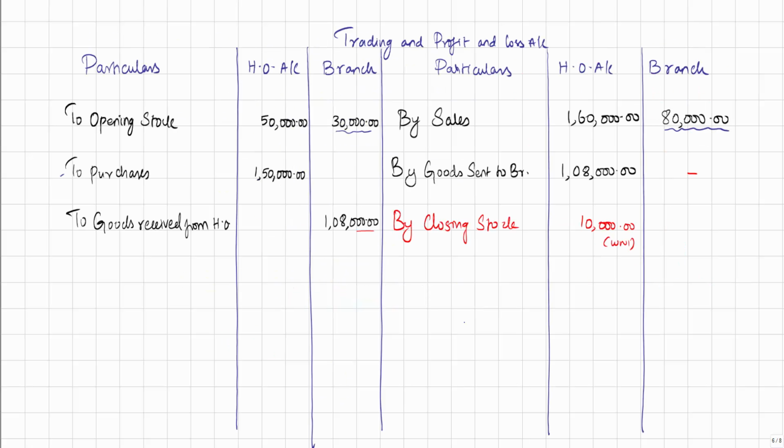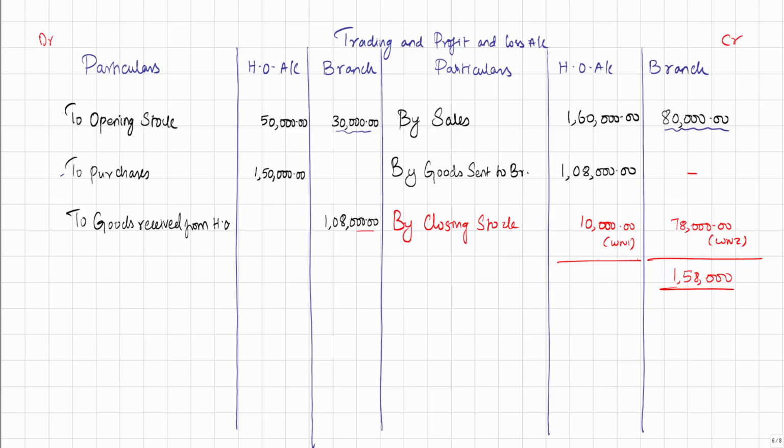So this 78,000 is nothing but closing stock at branch. So let me go here. I'll write closing stock at branch is 78,000, and I have this figure from working note 2. Okay. Now let's do the totaling. The totaling is for branch, the higher side is on credit. Okay, so 80,000 plus 78,000, it works out to 1,58,000.